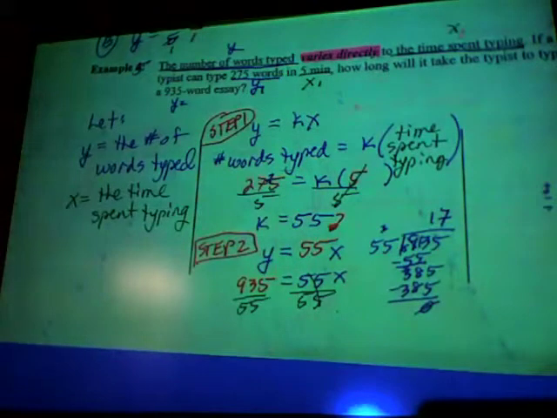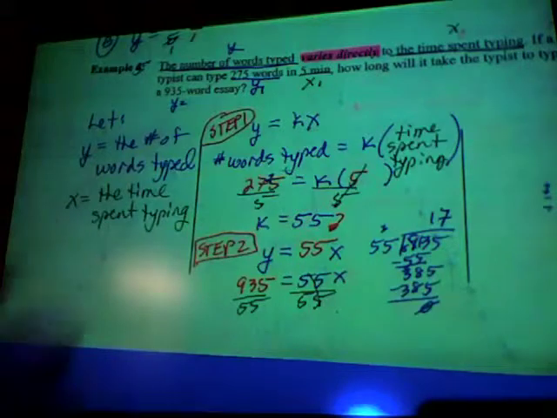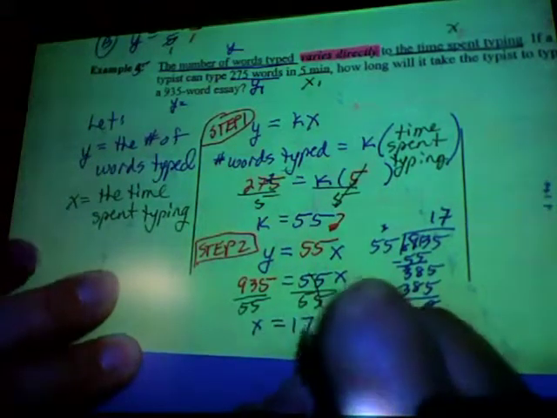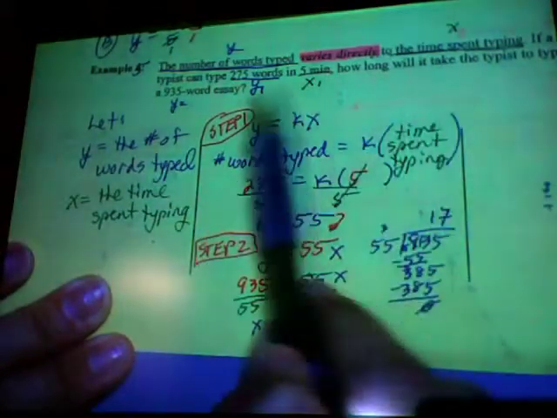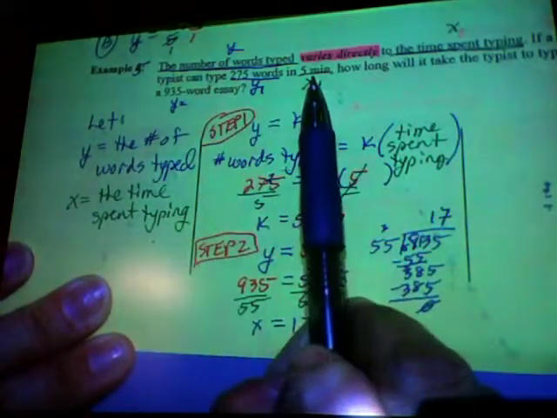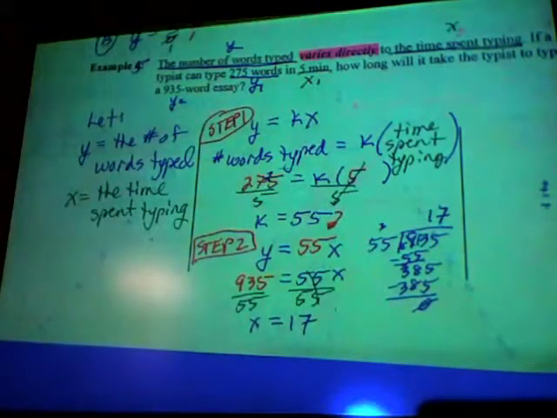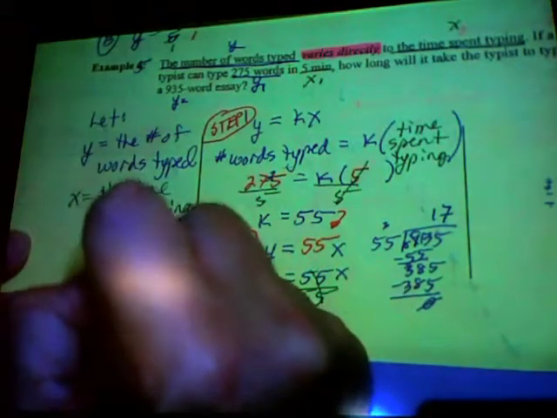What does the 17 represent? Because remember, it's a word problem. Yeah, but what is x? Minutes. So if x is 17 and it's time spent typing, and they set up minutes already, you might want to add here that this is minutes, just so that you don't forget.